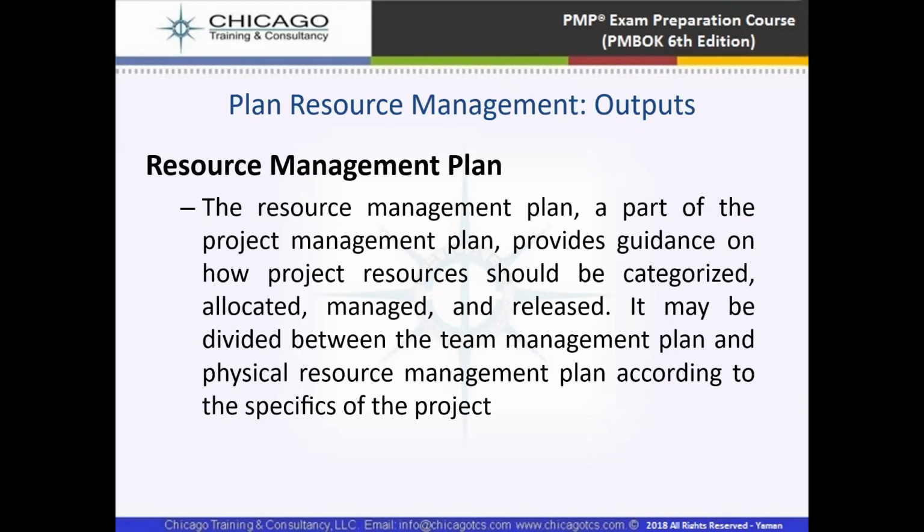So this resource management plan is going to tell us how these resources are being assigned according to the timeline, and how these resources are assigned in terms of the personnel or in terms of the equipment, how they are being driven or how they are being kept in parallel with each other.